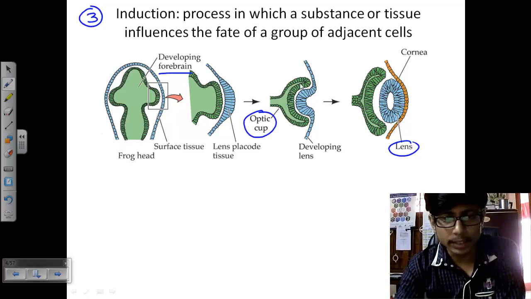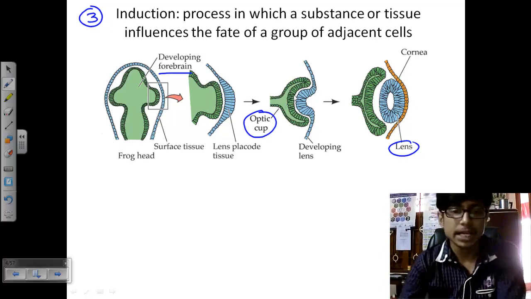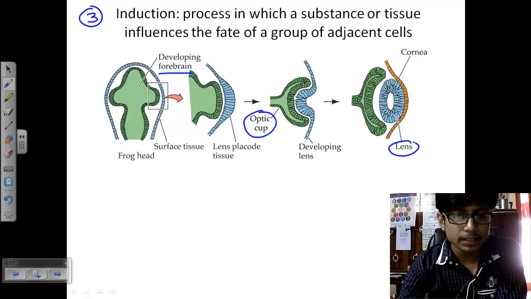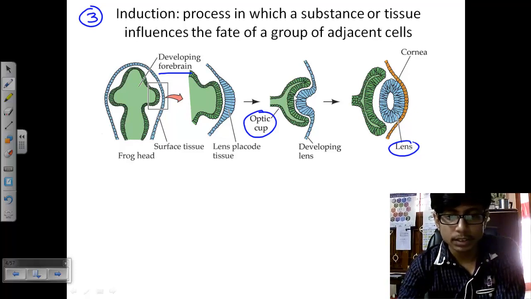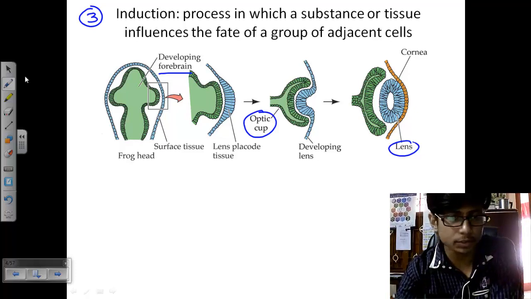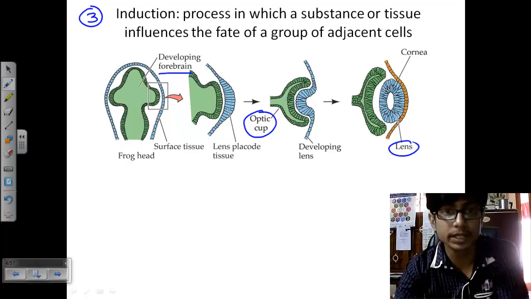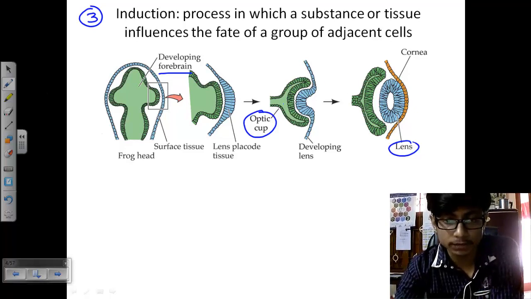See, when it starts to form that optic cup, that cup influences this nearby surface tissue. This is the surface tissue, and it gets influenced due to the formation of this optic cup.